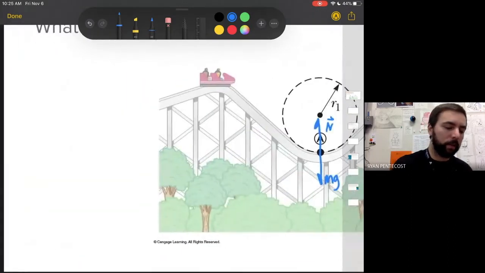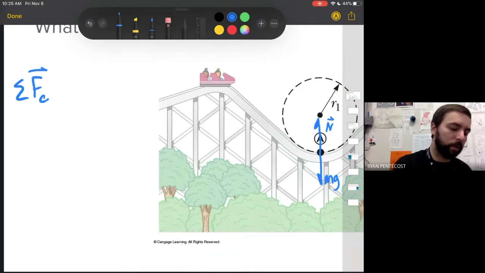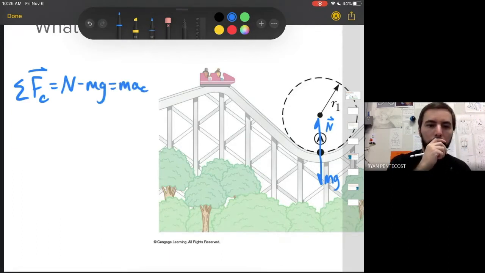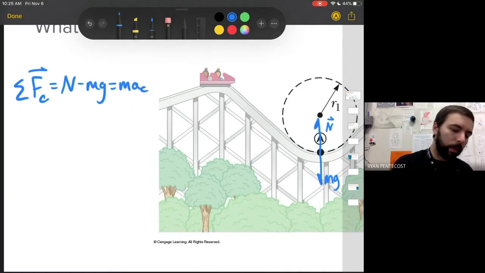So let's look at the summation of forces along the radius, the centripetal force. You would have N minus mg equals mac, right? So that means that our normal force will equal mac plus mg.